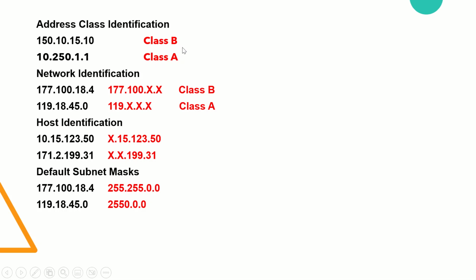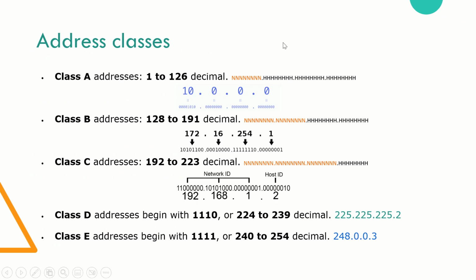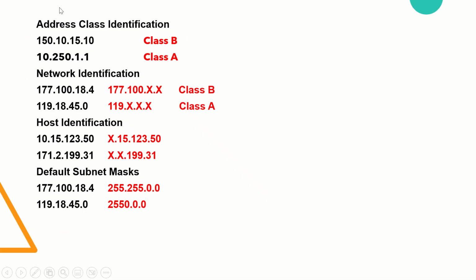Coming back here, if the IP address is between 1 and 126, it's class A. If it is between 128 and 191, it's class B. If you come here, you can see this is class B because it starts with 150 and it's between 128 and 191. And this one, 10.250.11, is class A because the first octet is between 1 and 127.